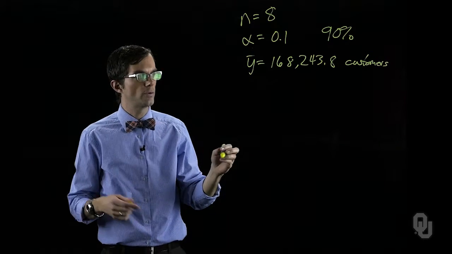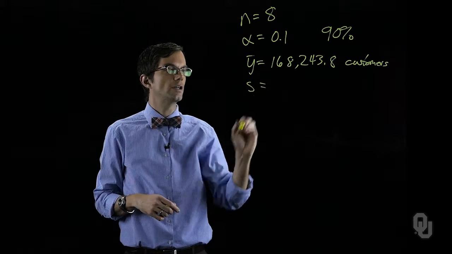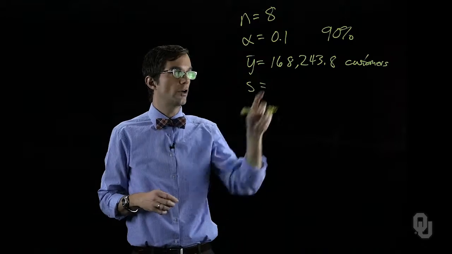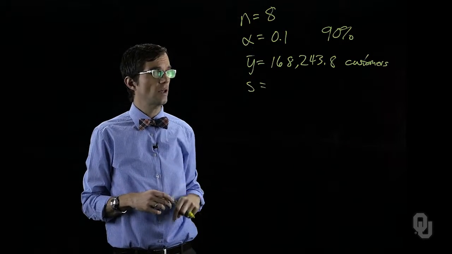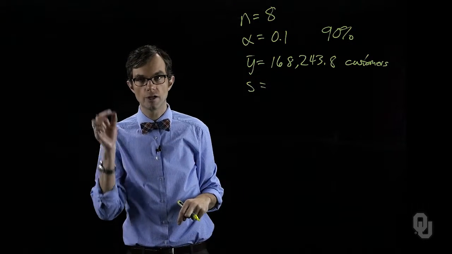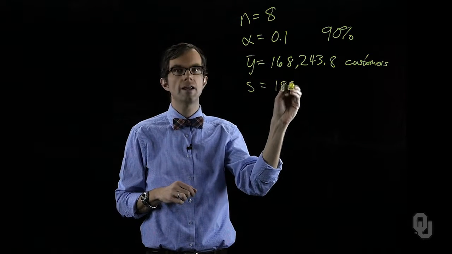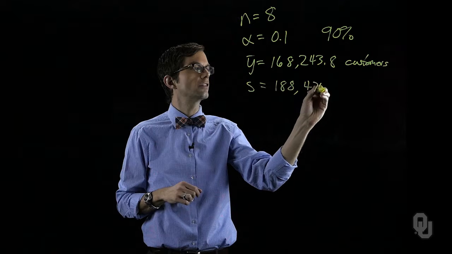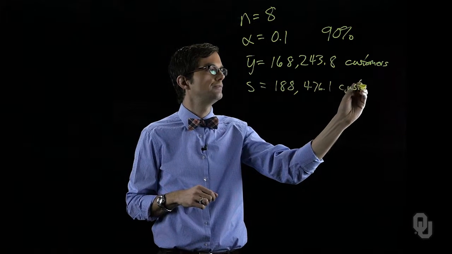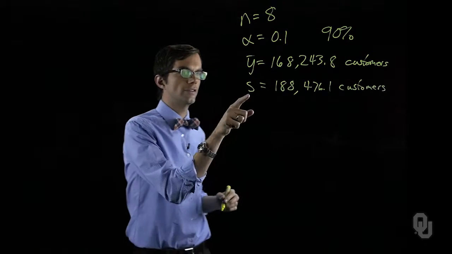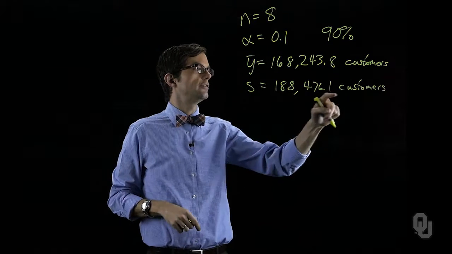And if we use the standard deviation function, again, for those 8 outages in the Gulf region, for the customers column, the customers affected by the outage, we get 188,476.1 customers.